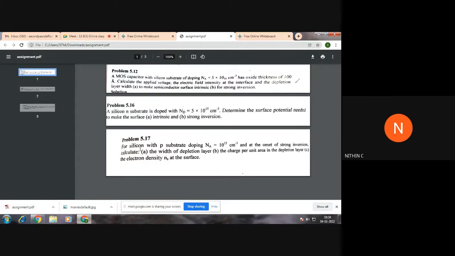For silicon with p substrate doping, Na is equal to 10 raised to 15 per centimeter cube, and at the onset of strong inversion, as mentioned in the question. Calculate the width of the depletion layer, charge per unit area in the depletion layer, and electron density Ns at the surface. These are the things you need to do. We have done two or three problems of this type. Have you completed the question?